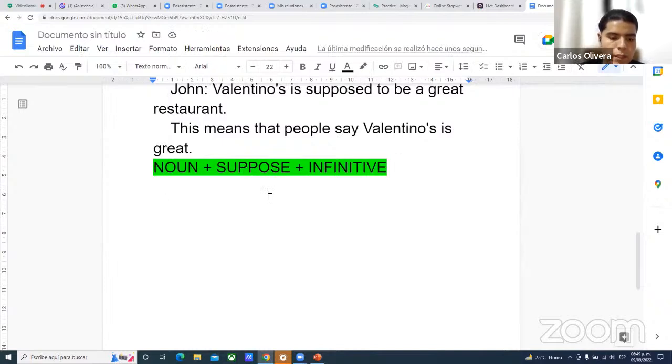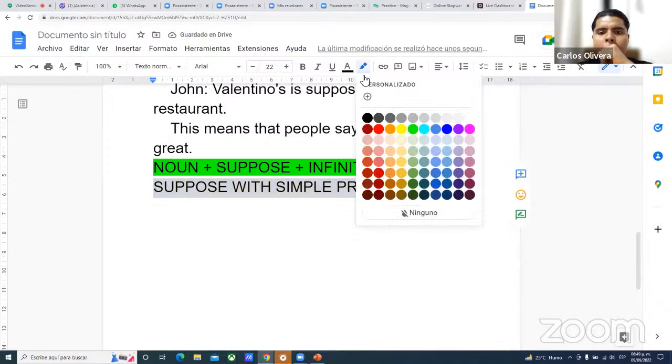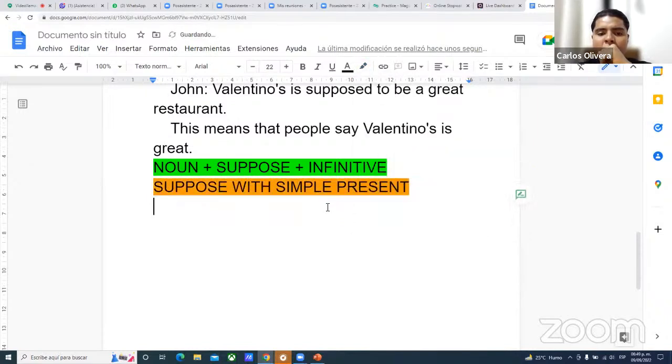Now let's see some uses. What is this called? Simple present, right? Yes, simple present. So suppose with simple present. Fantastic. So as I was mentioning, this is the idea, okay? Let's go with this. Suppose with simple present. How can we understand this? You remember what's simple present, right, Shirley?